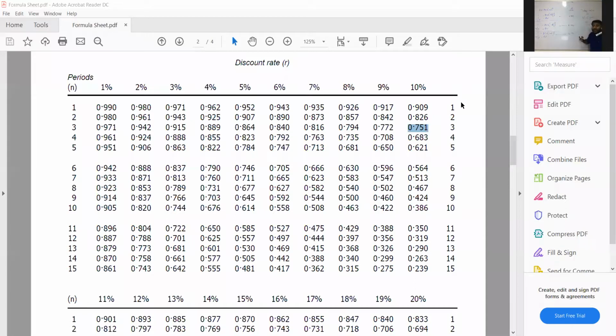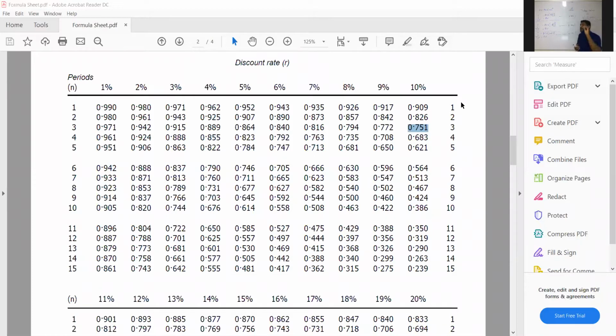Today's value of that $1. These numbers which I have given you in the table, we call discounting factors. What is a discounting factor, guys? Today's value of $1 at a given inflation rate.